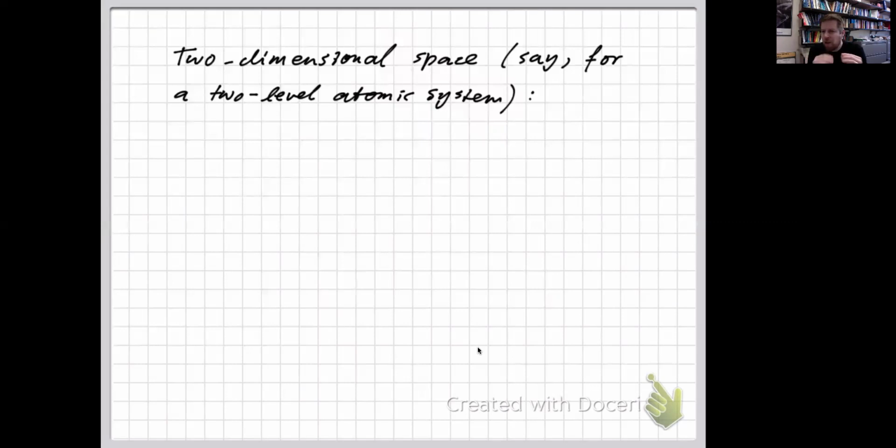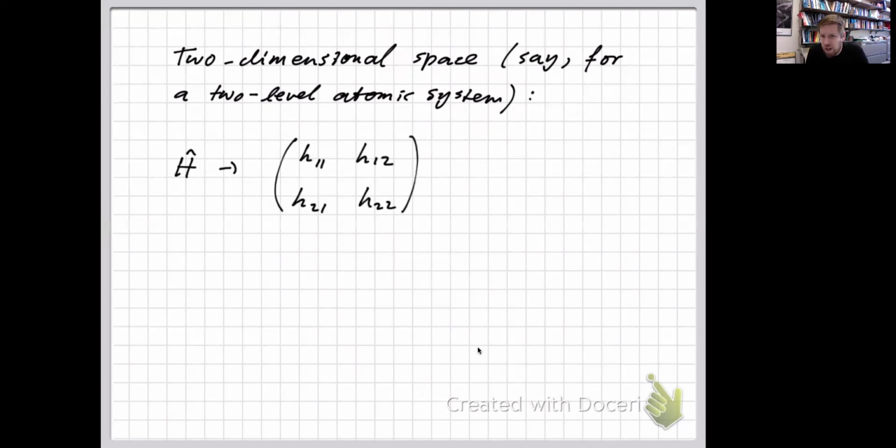Maybe the ground state and the first excited state, and all the other states are either too high or don't exist. So at a certain temperature, the system can only occupy the ground state and the first excited state. It's a two-level system, and so we are in two dimensions.